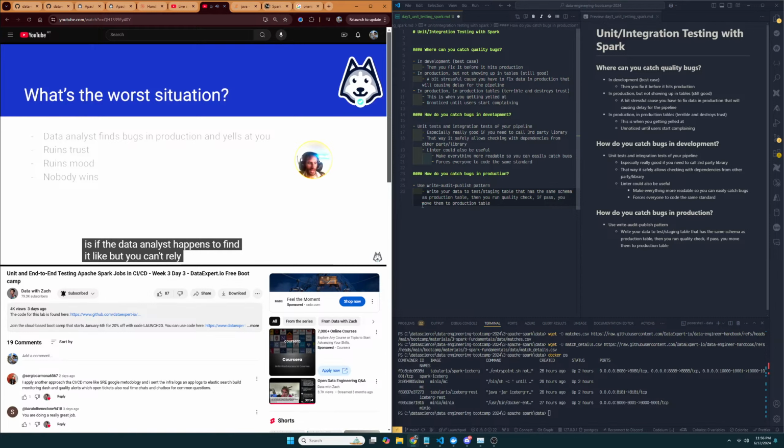But you can't rely on manual queries to enforce your data quality standards, because that's not scalable, also not reliable, also just not what a data analyst is about. A data analyst is about finding insight from data, not finding bugs in data.